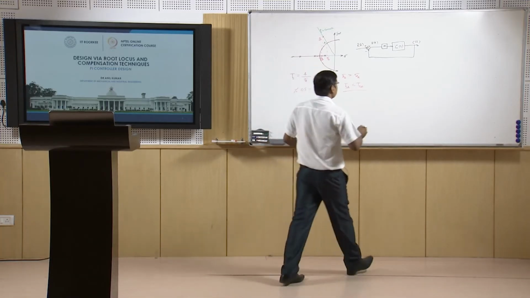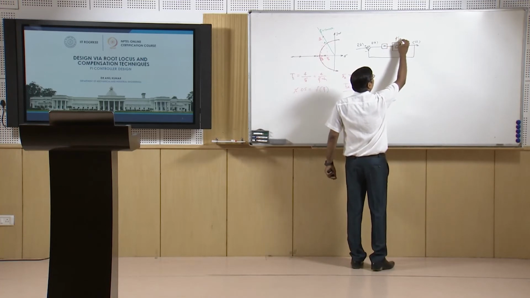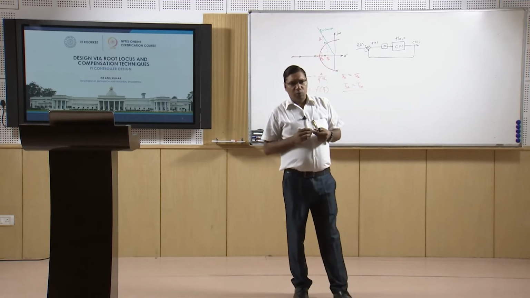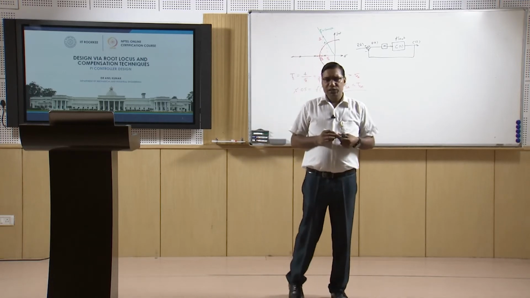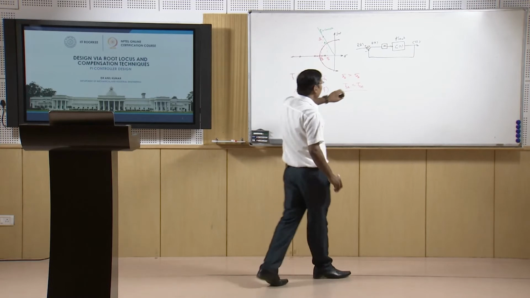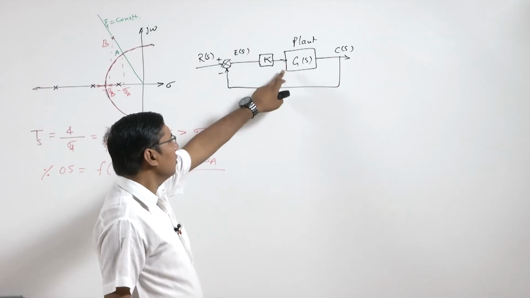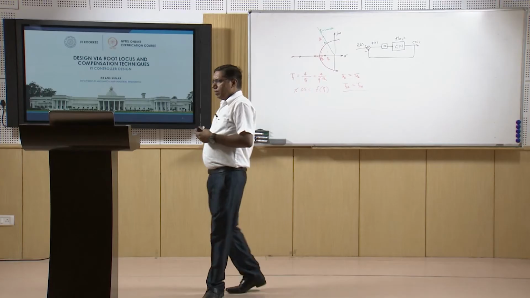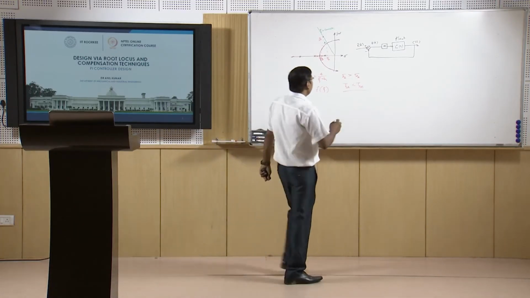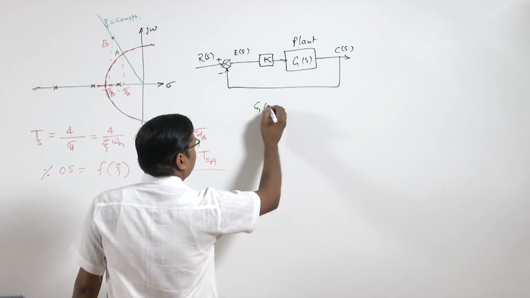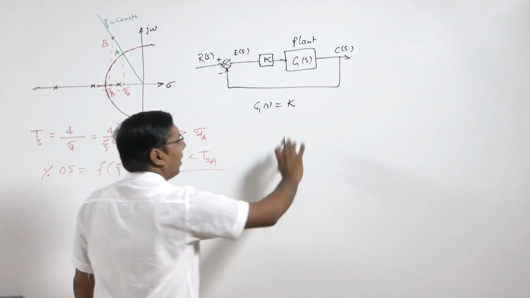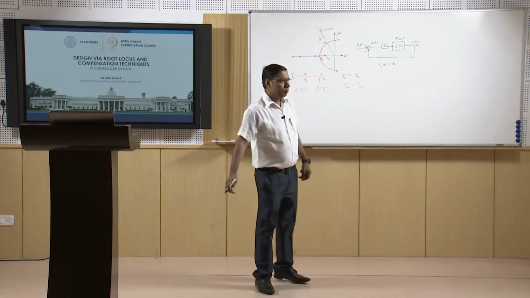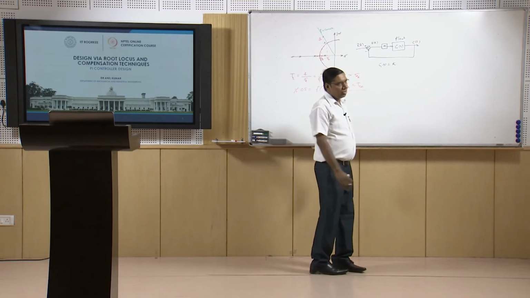So this is the plant, and here the gain is a proportional controller. We are just giving a scaled input of the error to the plant. So here we have G1(s) equal to K. So the transfer function of this compensator is K.